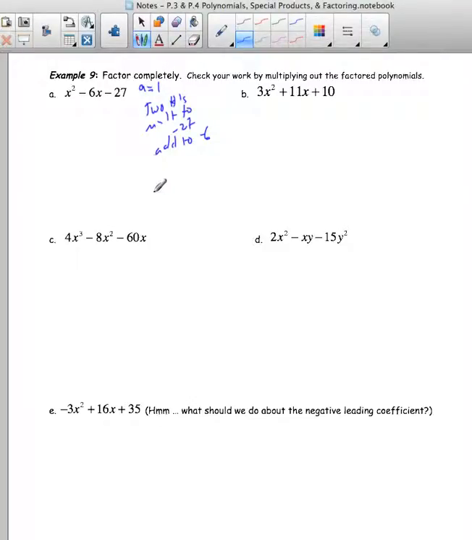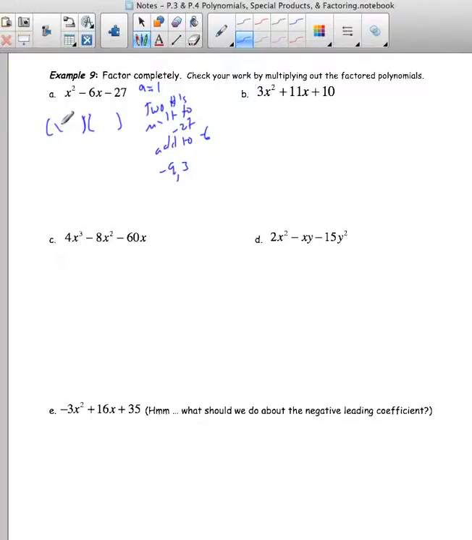If we think about those factors, we'll discover that they are negative 9 and 3, because negative 9 times 3 is negative 27, and negative 9 plus 3 is negative 6.